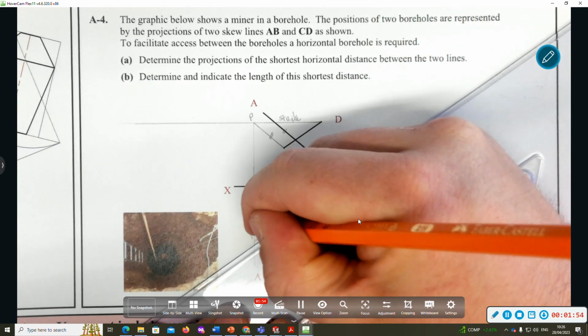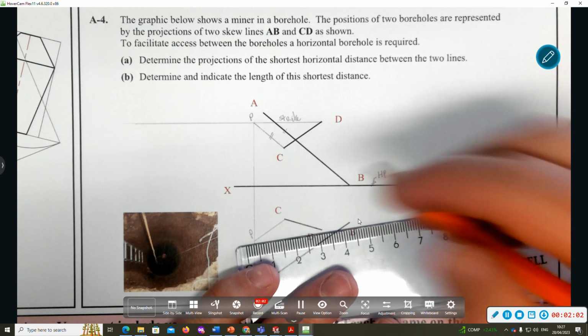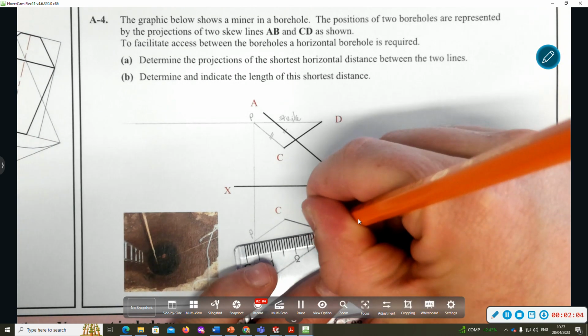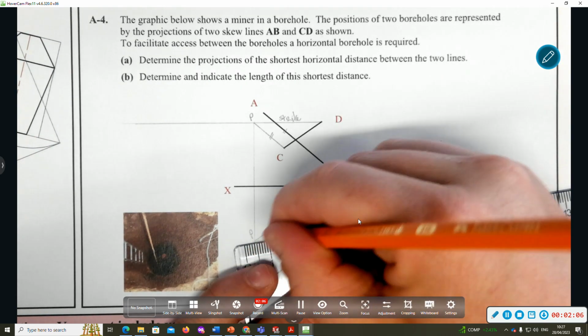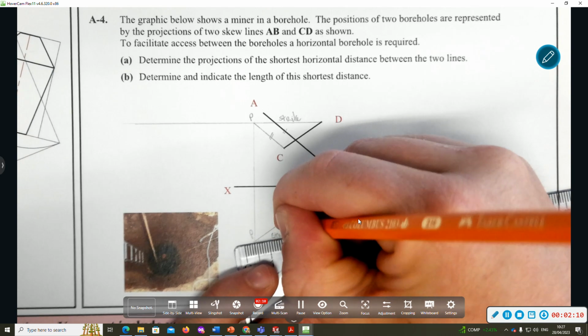So this is point P. I'm going to join that to point D. Now, this is our strike line, and it's a true length.